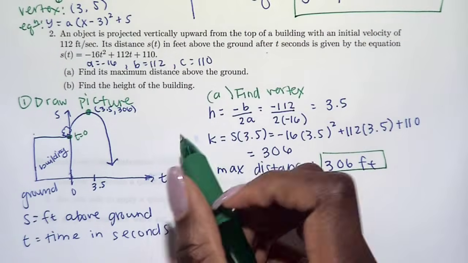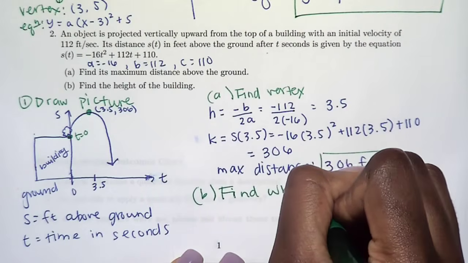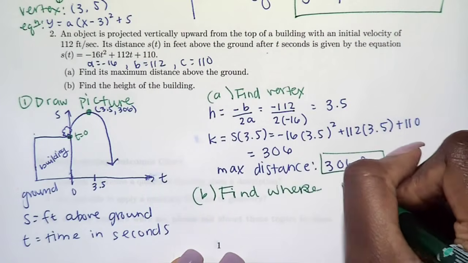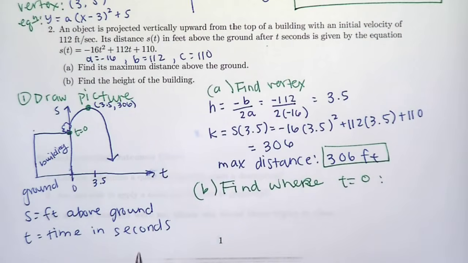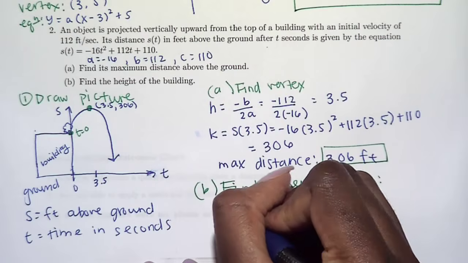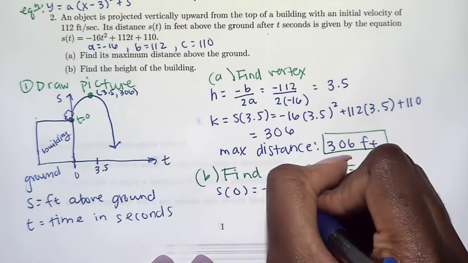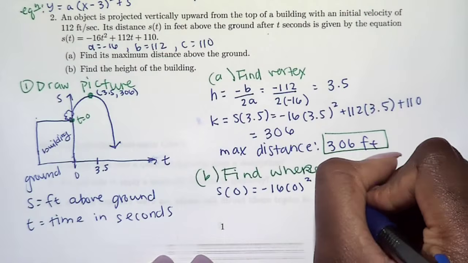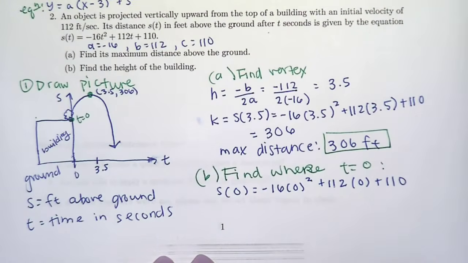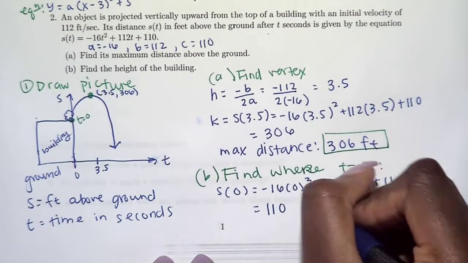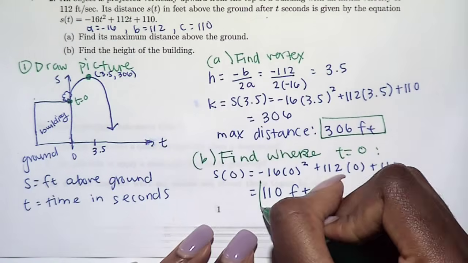So let's say to find the height of the building, we just need to find where t equals 0. So we just need to find s of 0. So 110 feet is the height of our building.